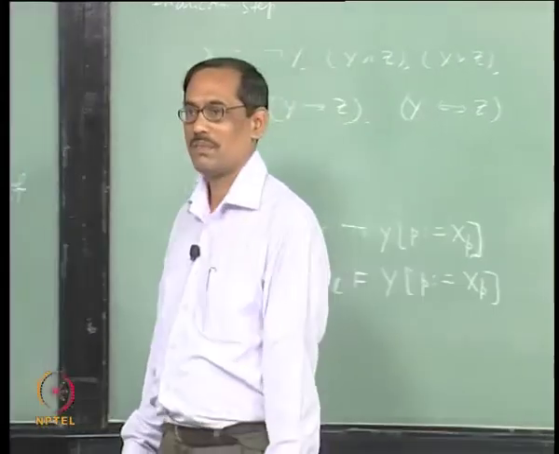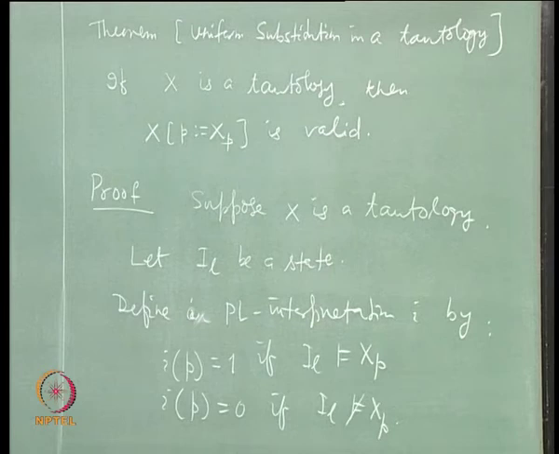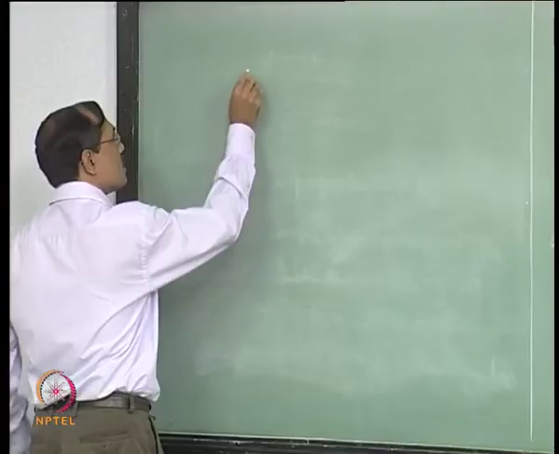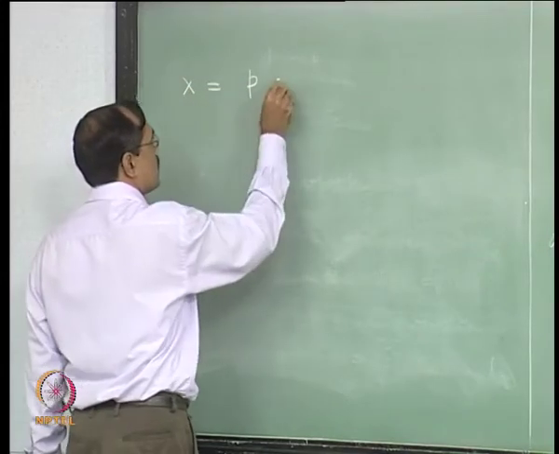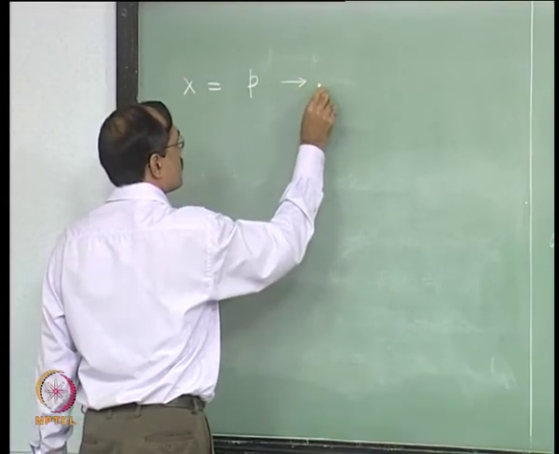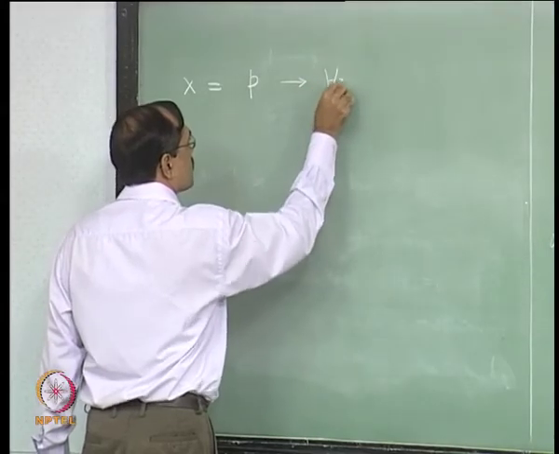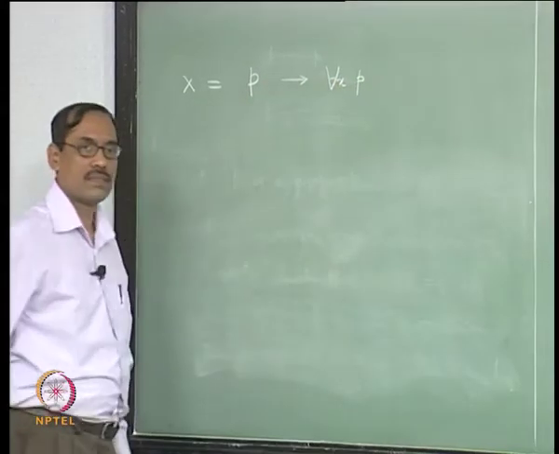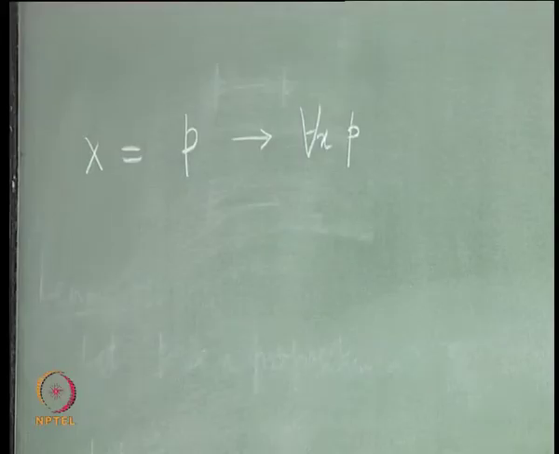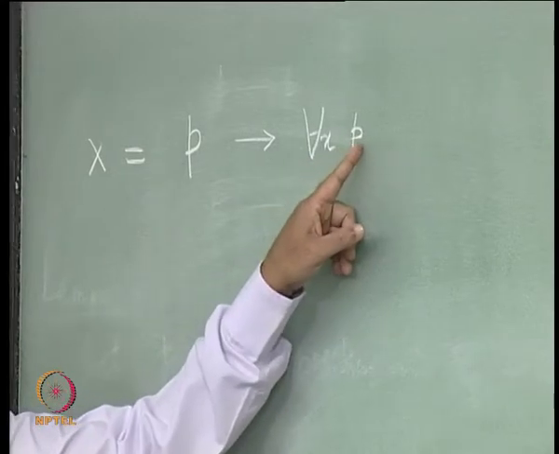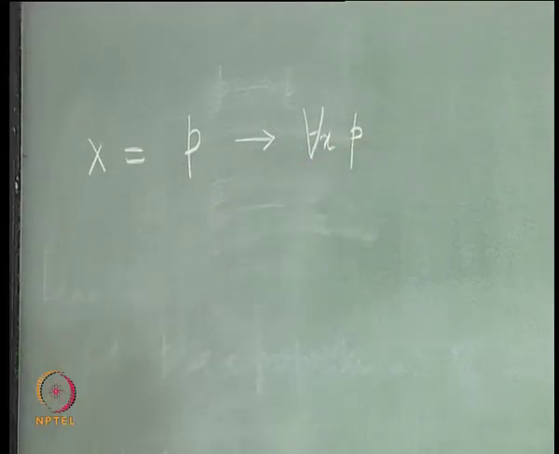There can be some problem there. It is variable capturing. Suppose you start with one formula in this form: p implies for each x p, that is allowed in FL as a formula. This is a proposition, so a proposition is a zero-place predicate.